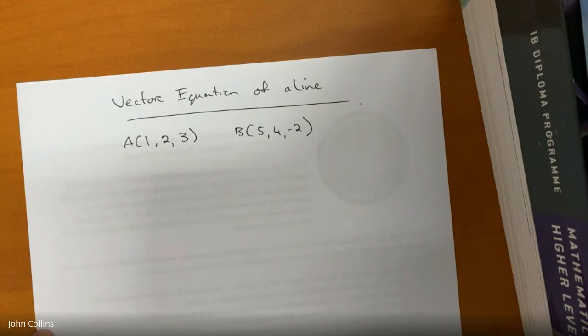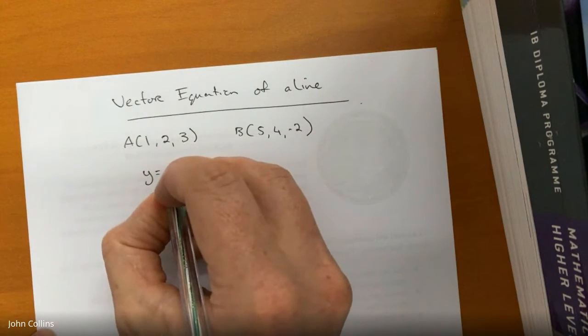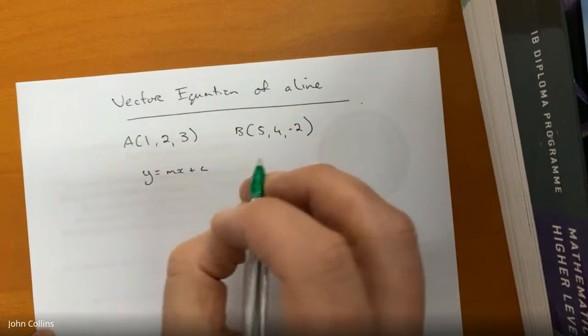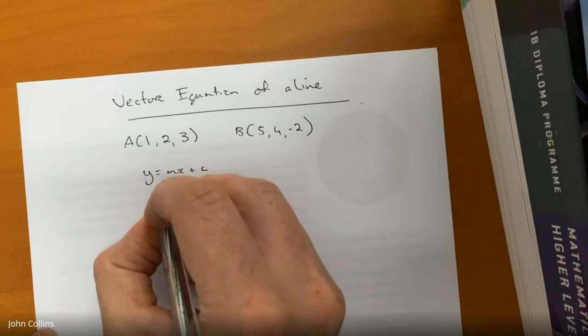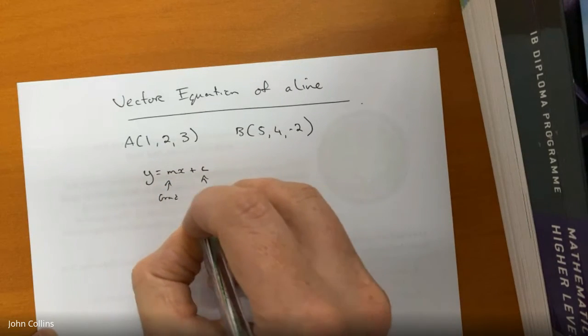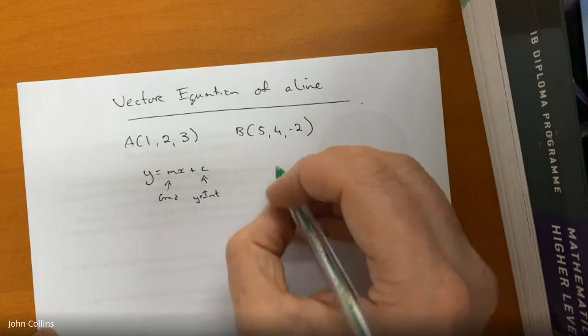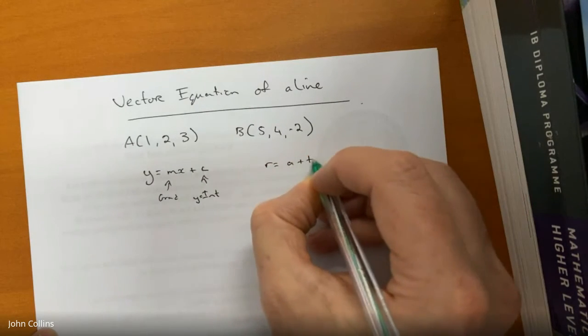Well, it's a vector equation because it's going through 3 dimensions. It is similar to our coordinate geometry. If you think about it, y is equal to mx plus c is coordinate geometry, where m is, of course, the gradient, and c is the y-intercept. For the vector equation of a line, it's r is equal to a plus tb.